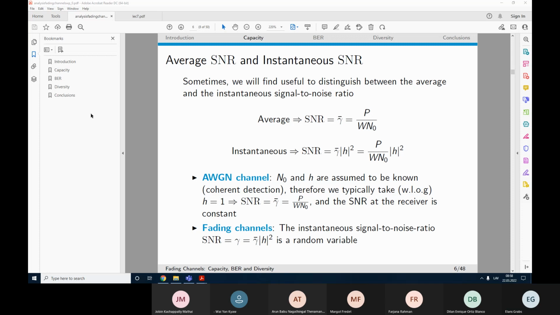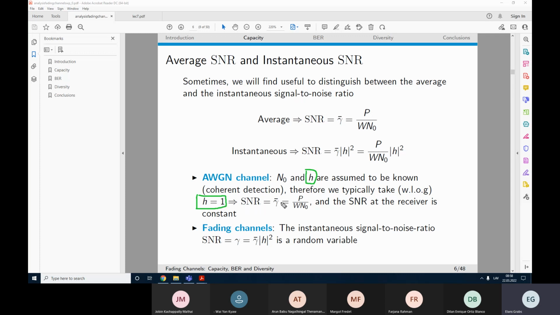So for the normal channels, which we have discussed so far, this impulse response is known. So basically this is path loss and also doesn't change. So if we say that we don't have much loss in our channel, for example, we don't transmit over a long distance or we have a very good cable, then we can even assume that this is actually 1 and we don't have much loss.